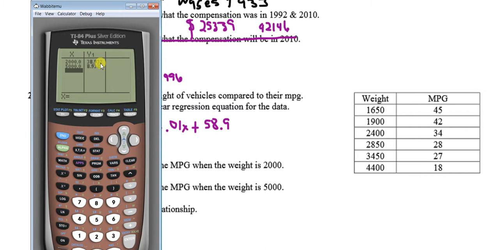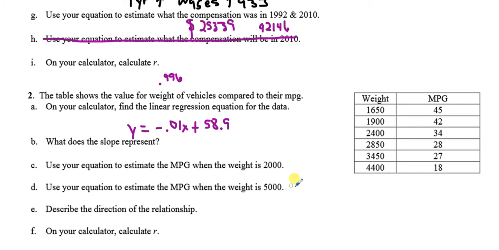So a 2,000 pound vehicle, and if you look over here on the chart, 1,900 got 42 miles per gallon, 2,400 pounds got 34. We're at 38.9 for 2,000, so it fits in. 5,000, we're down to about 8.9. Now at some point this is not going to make any sense because at a certain weight vehicle we're going to be getting negative miles per gallon because the slope's going down. But within the scope of this data, this is pretty accurate. So it's 8.9 and 38.9 miles per gallon.